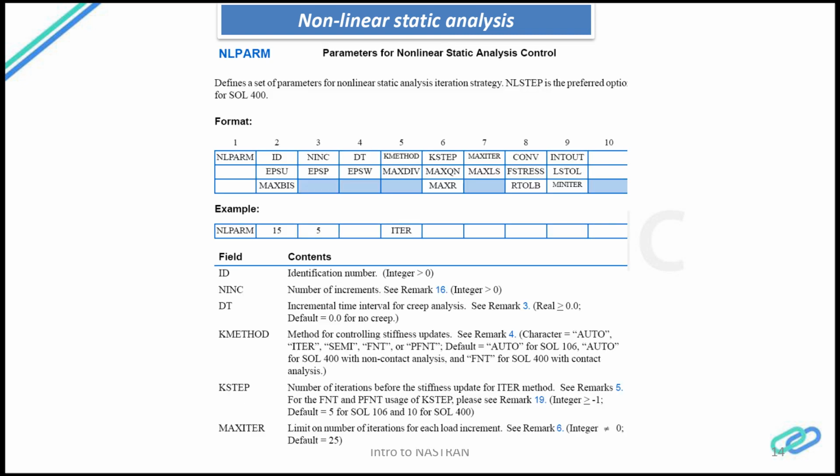And this is the NLPARAM card, which is used for nonlinear static control, where we have the set identification number, and NINC is the number of increments that is required to apply the load, and then the incremental time, and KMETHOD stands for the SEMI method or ITER method or AUTO method, and then KSTEP is the number of iterations required, and MAXITER is the maximum number of iterations required.